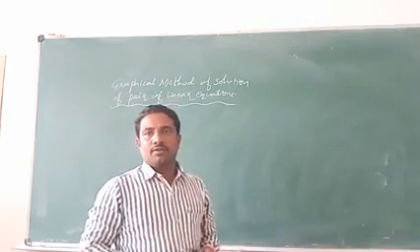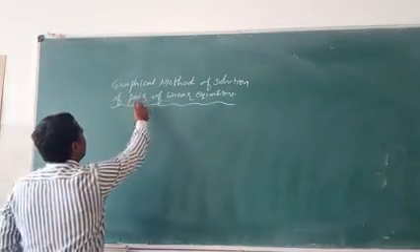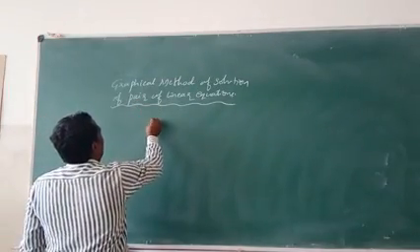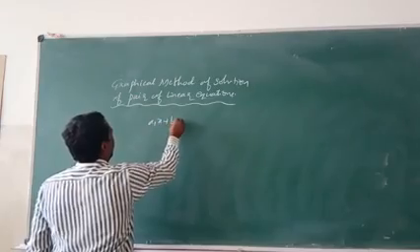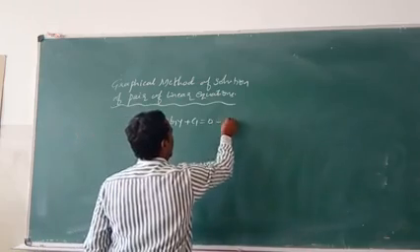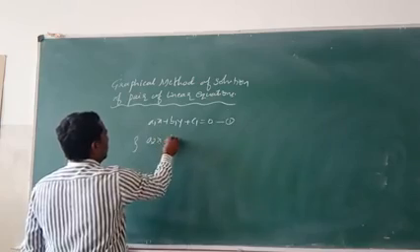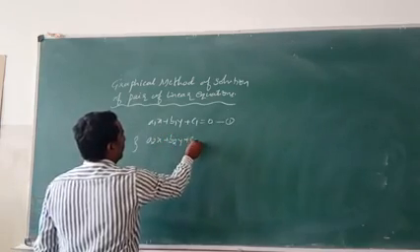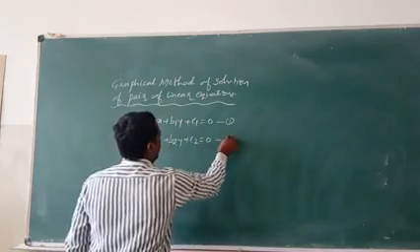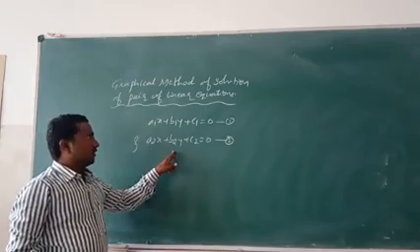I will take two linear equations. First one is a1x + b1y + c1 = 0, call it equation number 1, and a2x + b2y + c2 = 0. See here, these two are the linear equations.